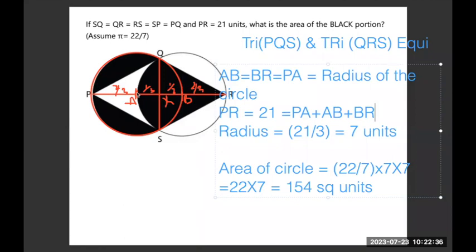In an equilateral triangle, that is its property. So PA plus AB plus BR, all of the 3 values are equal to the radius only, and that's why it will be 3R. Is this clear? That's why in order to find the radius, we divided 21, which is the total length, by 3, which is 7.